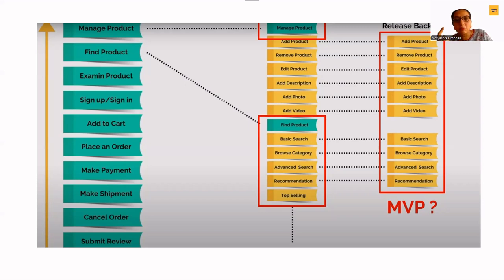You can add a product, remove a product, edit a product, add a description, add a photo, add a video for that product. And in find product, you can do a basic search, browse category, advanced search, recommendation, top selling and all those things. But do you think all these things should go as part of MVP? Let's see that.